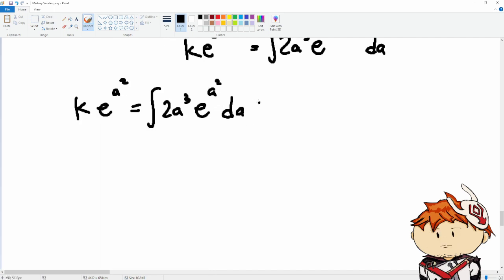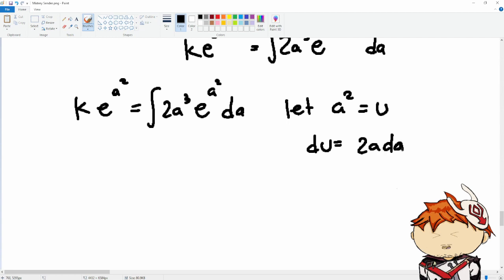So, how do we integrate this? Alright, we can integrate this. Let A squared be equal to u. du is equal to 2A dA. We separate 2A cubed into 2A times A squared dA.